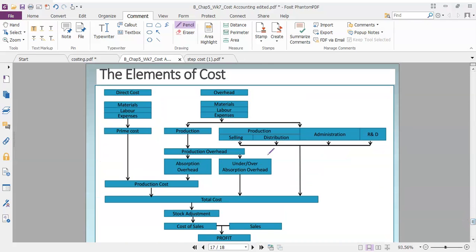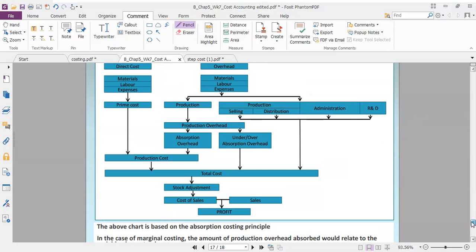Kita tengok chart untuk semua. The element of cost. Okay, direct cost, that is material, labor and expenses, we call it as prime cost. We also have indirect expenses ataupun indirect cost that we call it as overhead cost. Daripada production cost, production overhead, ataupun daripada department lain iaitu selling and distribution, admin and R&D.